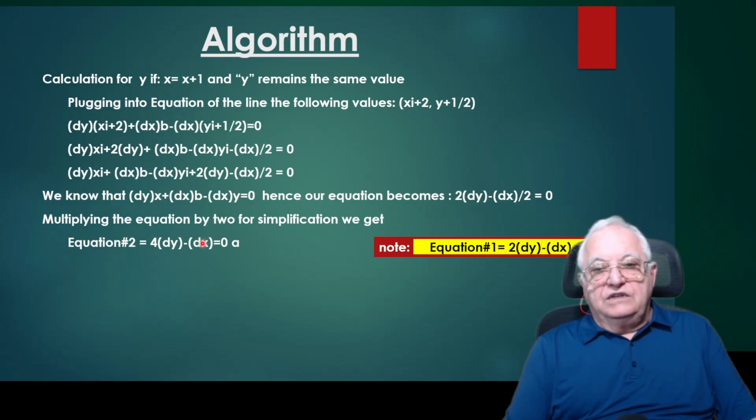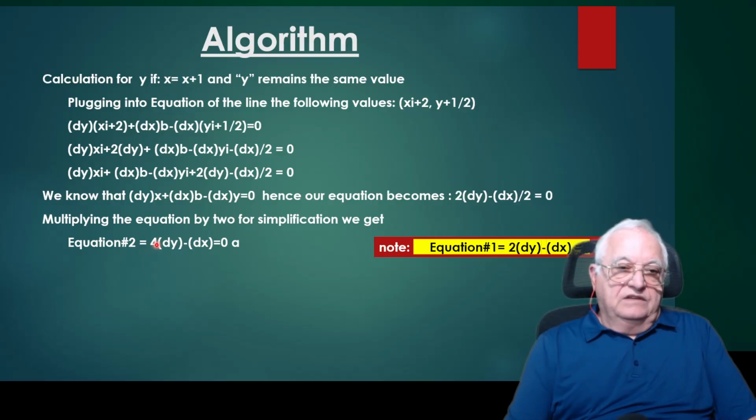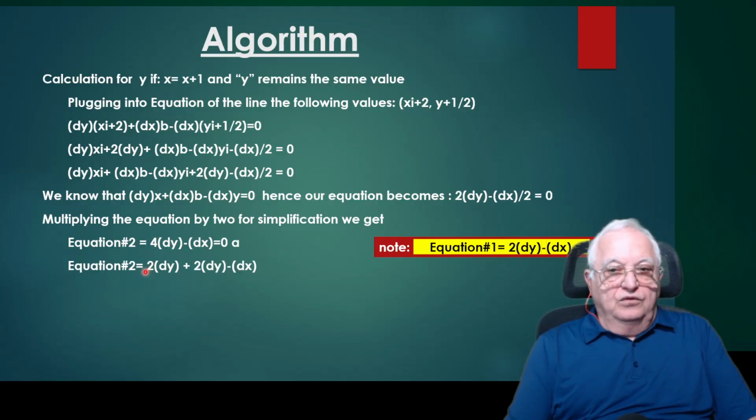But then what I notice here is that our first equation was 2 dy minus dx. If I break this 4 dy into 2 dy plus 2 dy, then what I end up with is 2 dy plus 2 dy minus dx. But this portion here is my equation 1.